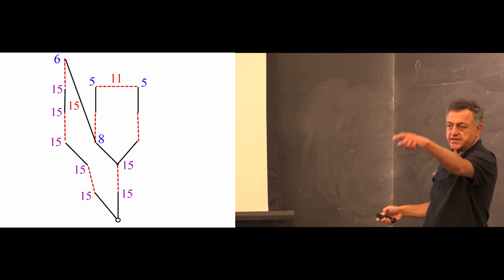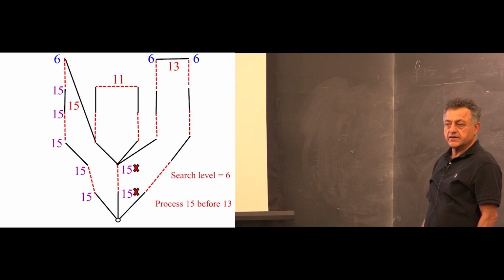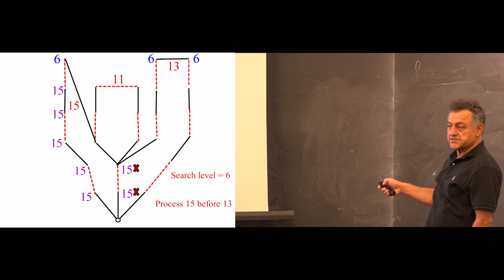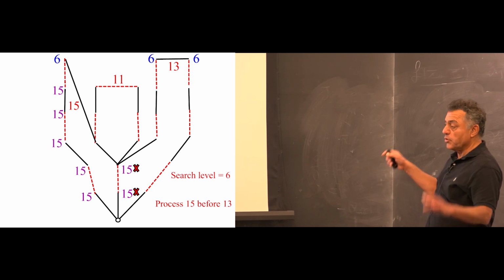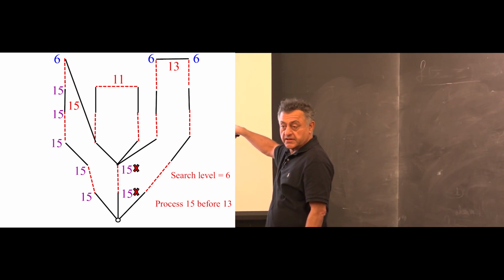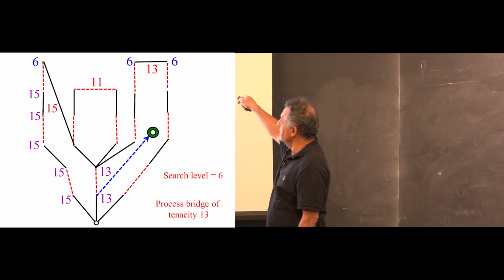But suppose, as she said, there was another bridge of tenacity 13, which is also happy to give max levels to these vertices, and it has to be processed at search level 6. If we put both in the bucket and happen to process this first, we'll give these vertices tenacity 15, which is wrong because their tenacity is really 13, coming from this bridge.